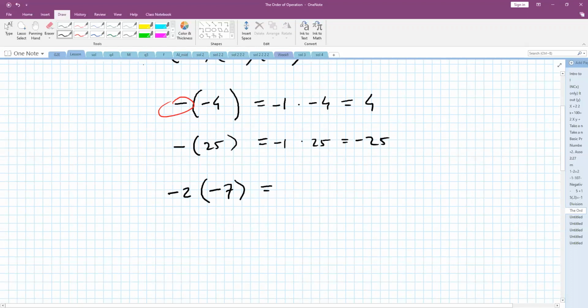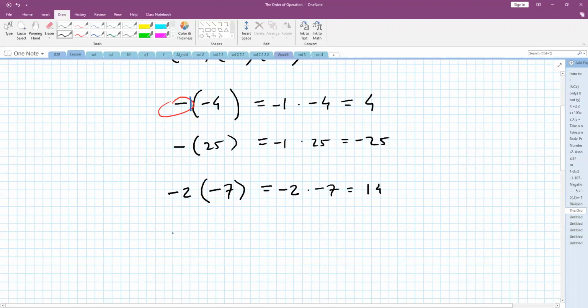We don't have to write a 1 here, because by default if this is just a minus like that, it simply means 1. Now if you have -2 and then a bracket with a number in there, what you do is -2 times -7, and therefore you have now 14.